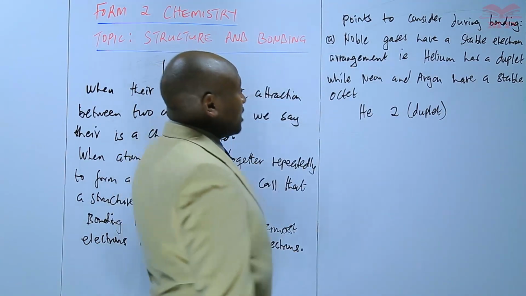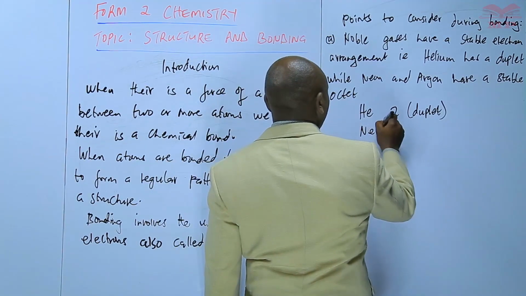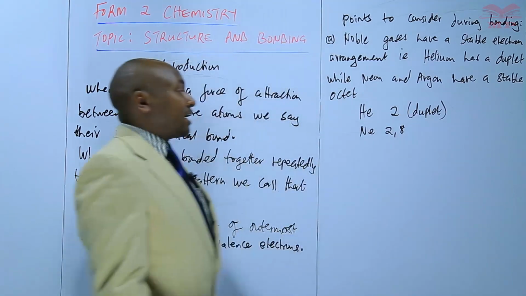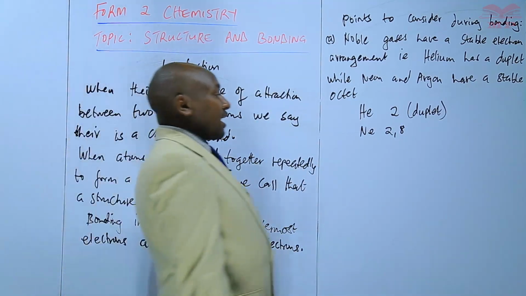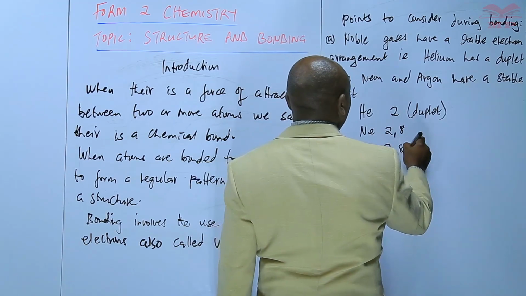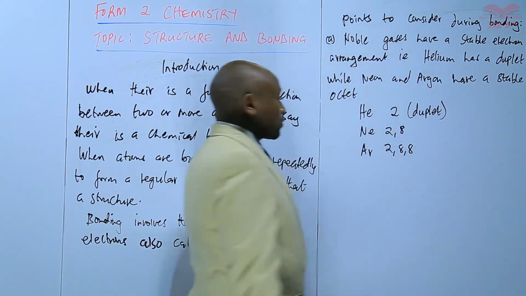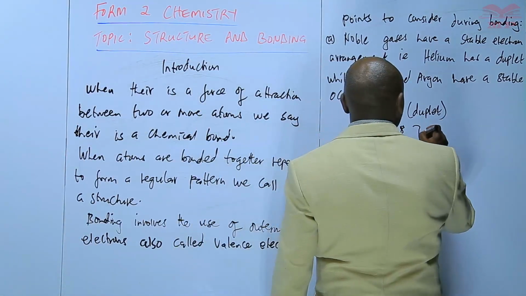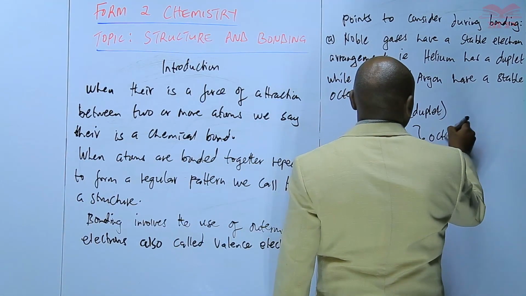In the case of neon and argon, neon has 2, 8. So the outermost electrons are 8. Argon also, the outermost electrons are 8. So they are also stable. And this is what we now call an octet.